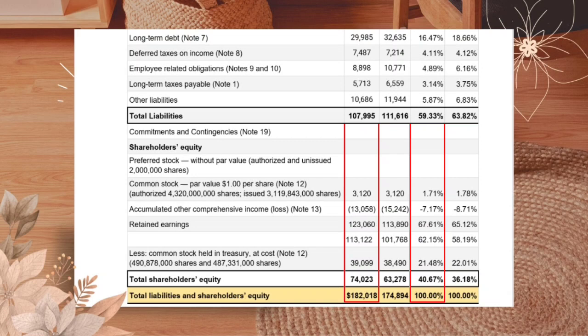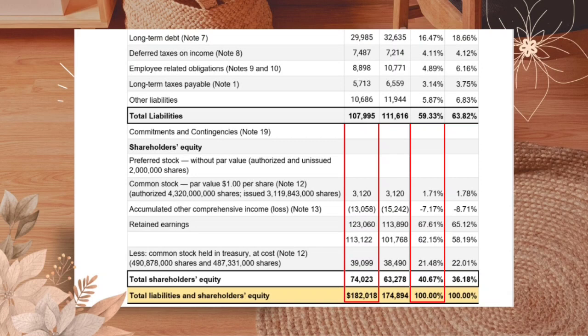Next is the retained earnings. We have here 123,060 divided by 182,018 multiplied by 100. The result will be 67.61%. We also have here the subtotal. We're going to add 3,120 for 2021, then deduct the loss of 13,058, add 123,060, and then the result will be 113,122.